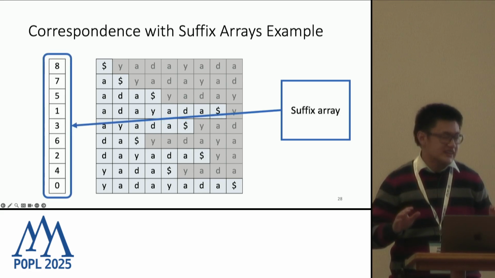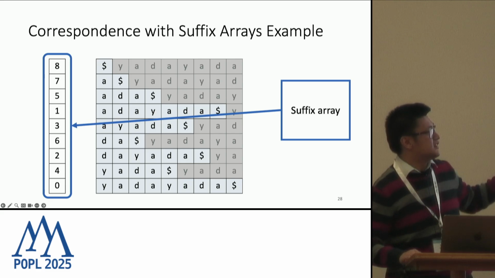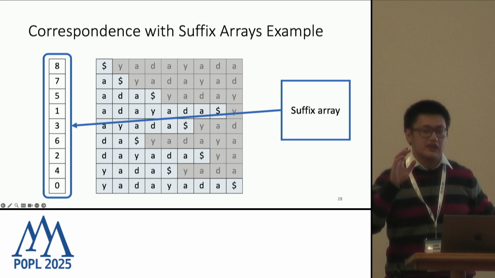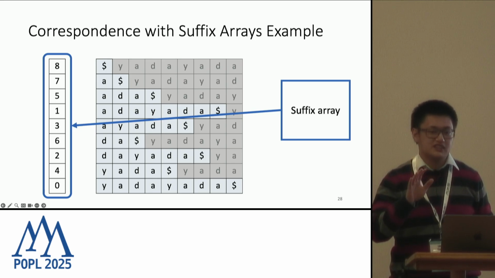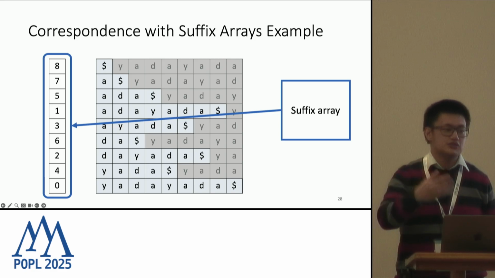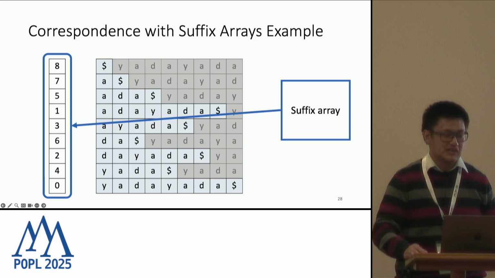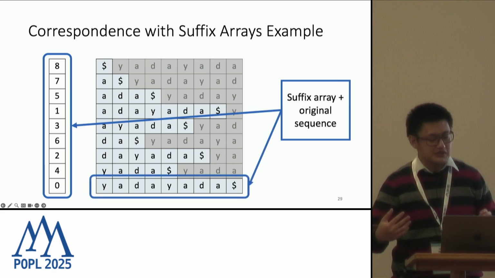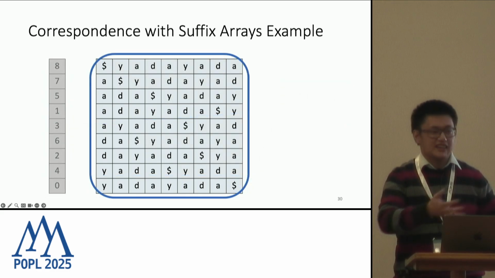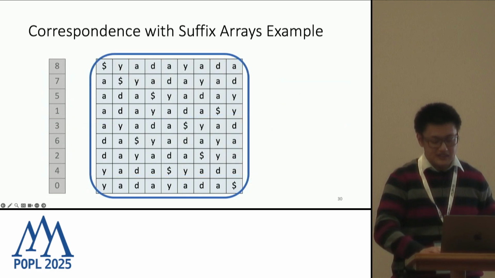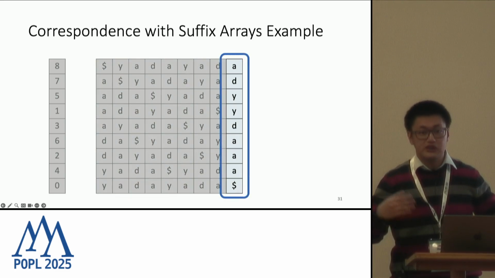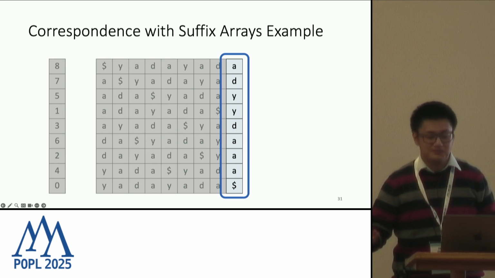Now, strictly speaking, the suffix array is only the thing on the left, which is just the suffixes in sorted order, but they are represented by their locations in the original sequence. So using that plus the original sequence, one can obtain that rotations matrix, which then means that you can obtain that last column, which is the Burrows-Wheeler transform.